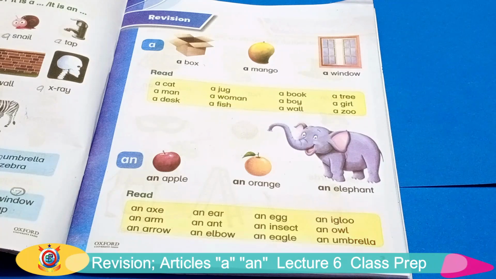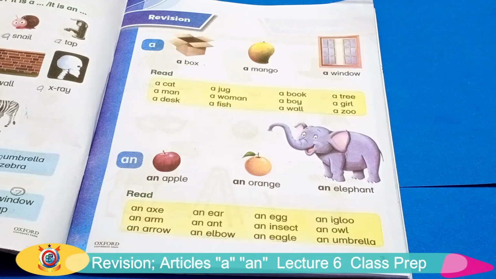Okay, as you know, हमने a और an articles के बारे में काफ़ी पढ़ा। हमने पिछले 5 वीडियोस में we learned a lot about them। ठीक है, तो this is your revision page. This is also your revision page and we also have to revise them again. Okay, so come on students, my sweet students, come and we will revise this page.